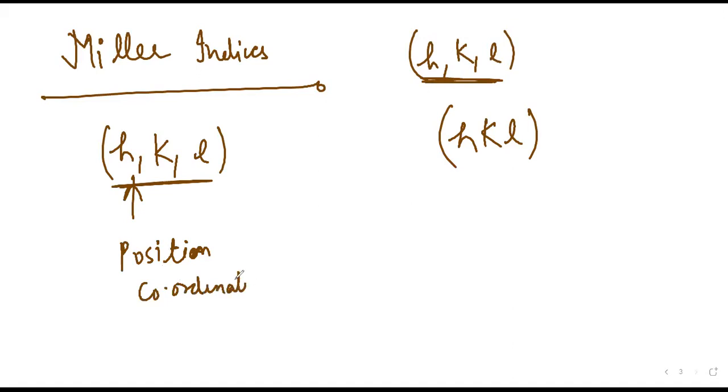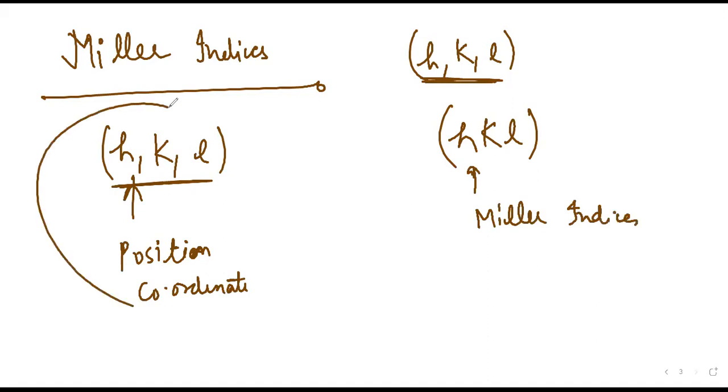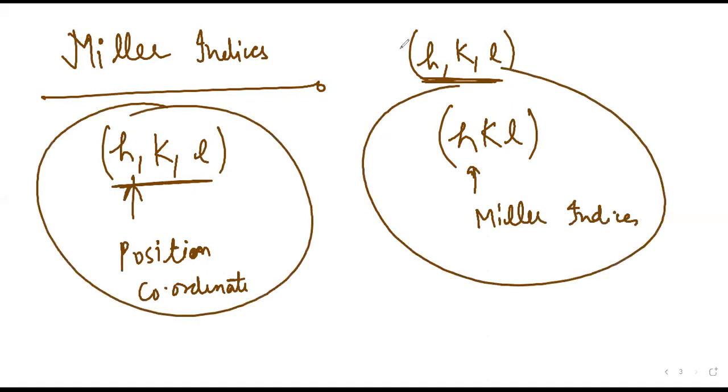That is the basic difference between position coordinates and Miller indices. If I am putting commas, then it will be your position coordinates. If I am not putting commas, then it will be your Miller indices, because Miller indices basically is the identity of planes.